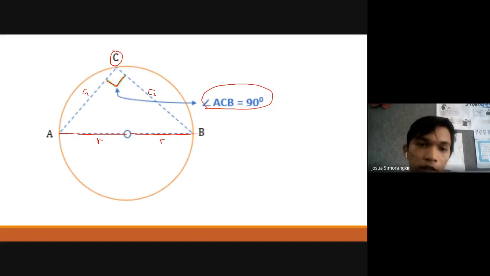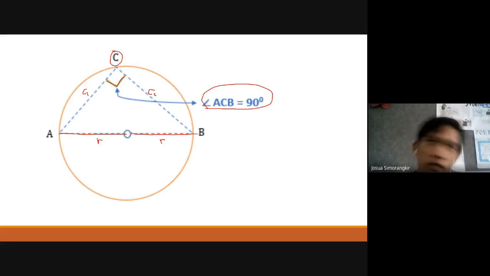So every right triangle has a hypotenuse here.